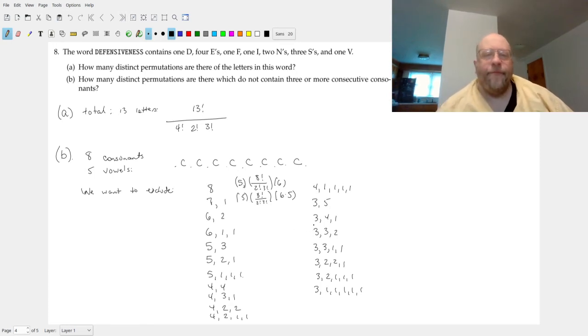Okay. And then here we arrange the vowels, arrange the consonants, place a chunk of 6 consonants, and then we place a chunk of 2 consonants in another slot. You don't want them in the same slot because that would be counting the placing all 8 in the same slot. That's why I've got 6 times 5.